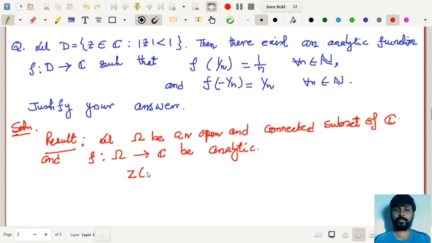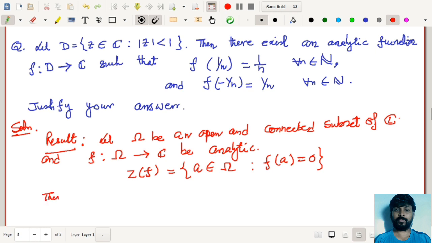Now by the symbol ZF we mean the set of all complex numbers from the set omega such that f vanishes on the complex number. That means ZF is the zero set of the function f.